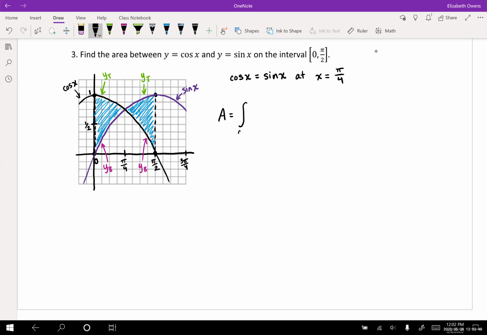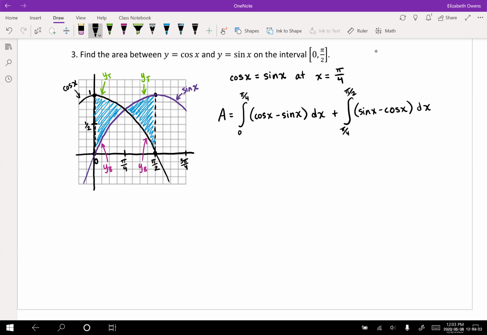So we would have to go from 0 to pi over 4 using cosine on top: the integral of cosine x minus sine x dx. And then we'd have to add that to the second integral to cover the rest of the area, from pi over 4 to pi over 2, where sine is on top. So we do sine x minus cosine x dx.